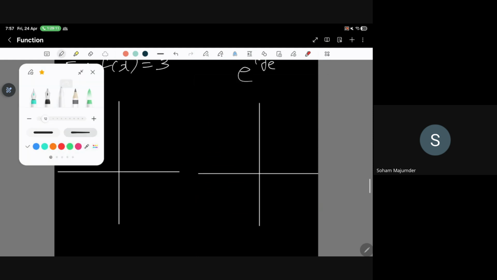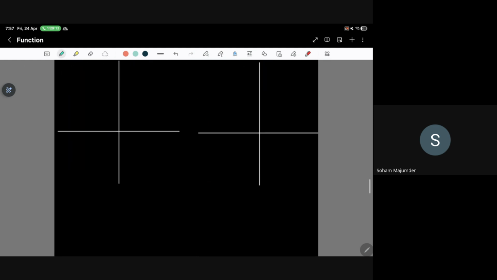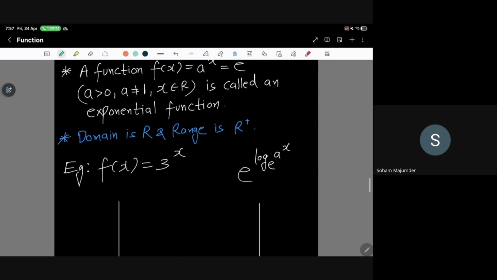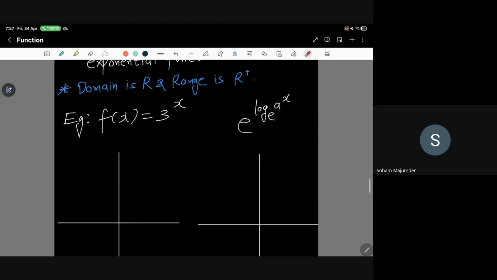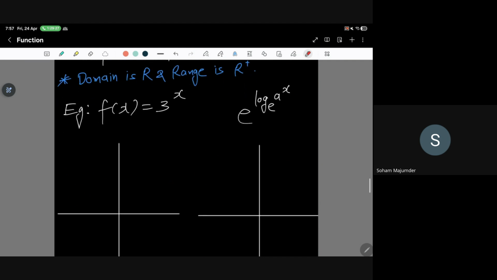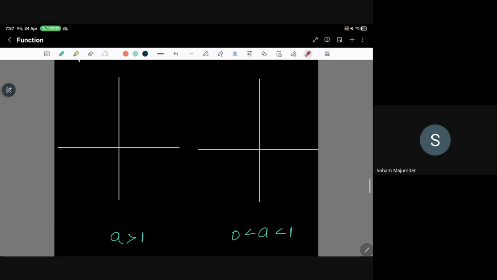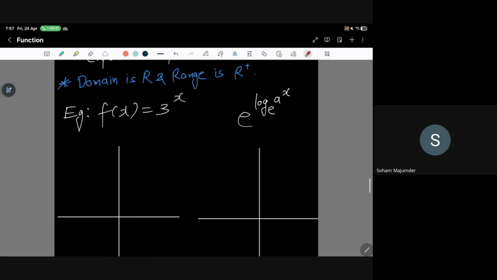So we have two cases: when the base is greater than 1, and when the base is between 0 and 1. Whenever you want to draw the graph, take some basic example like this, 3 to the power x. Now the base is greater than 1, right?